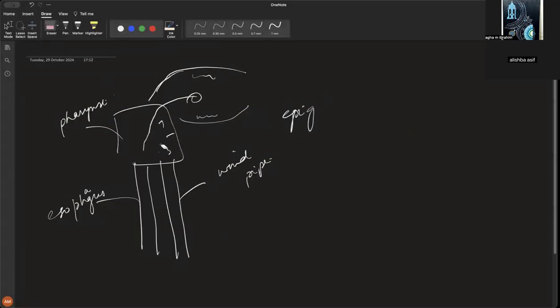It's most of the time like this. It closes down when the food is coming down. It's called epiglottis.